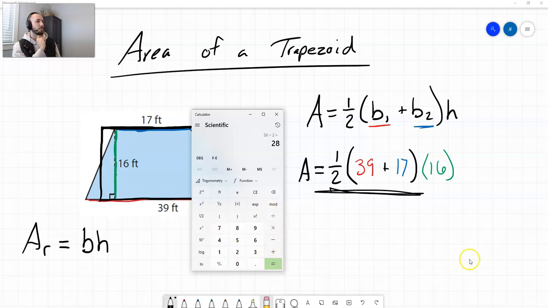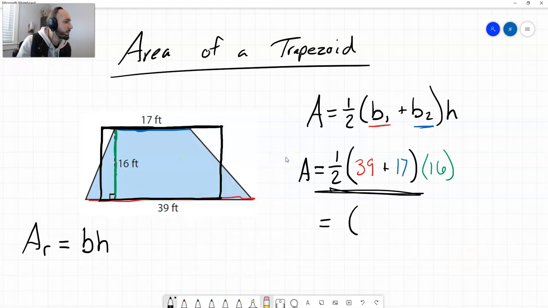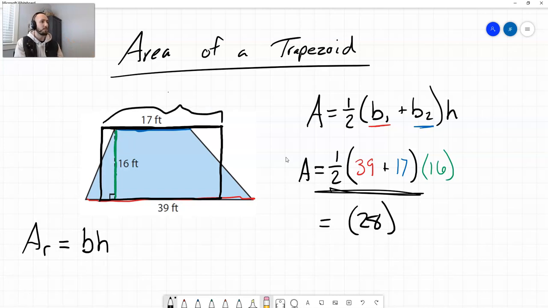That's the same as multiplying by 1/2. So this quantity here is 28. So that would mean that if I were to squish this trapezoid and stretch the top part, that this distance up here would be 28, and likewise for the bottom part here.